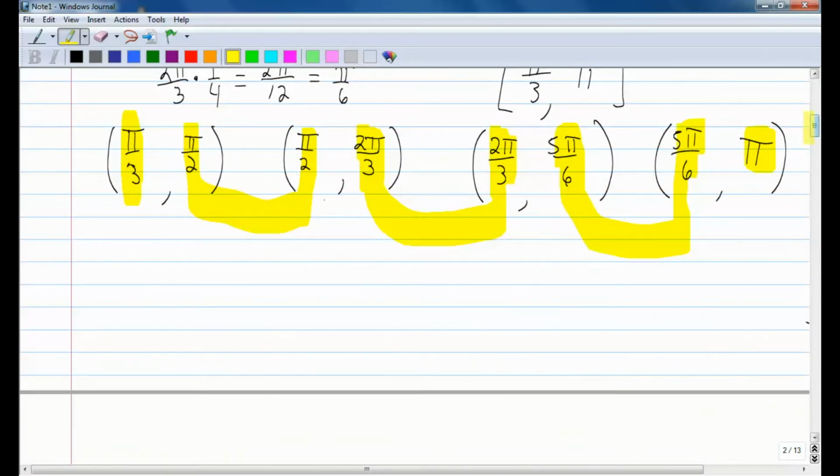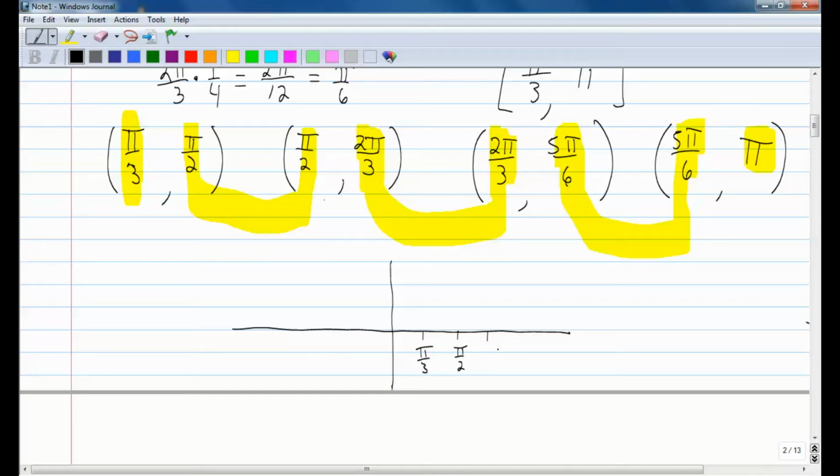So when we draw this, that's going to be the points on our x-axis. So we're going to make our scale. The first point here, that's where I'm going to start. That's pi over 3. The next significant point is pi over 2.